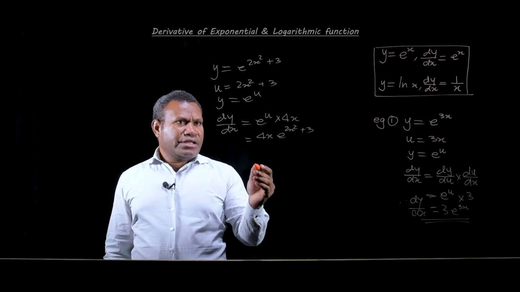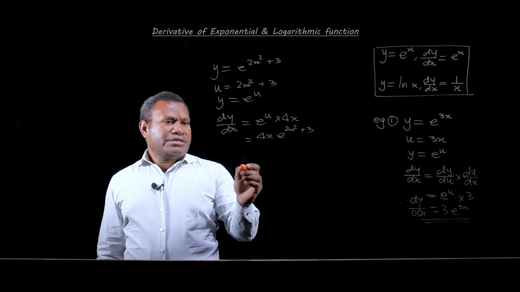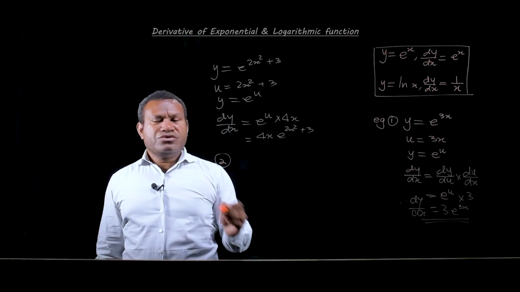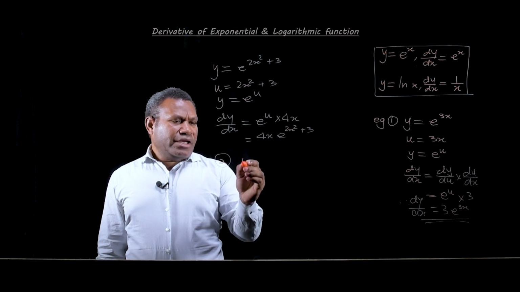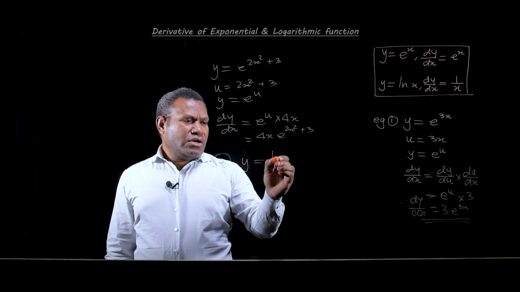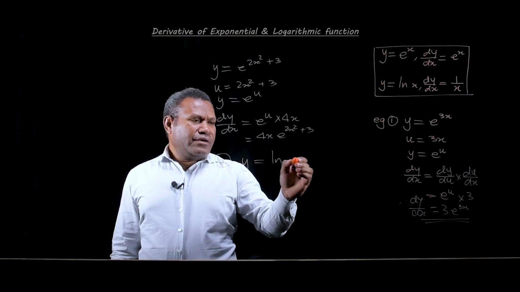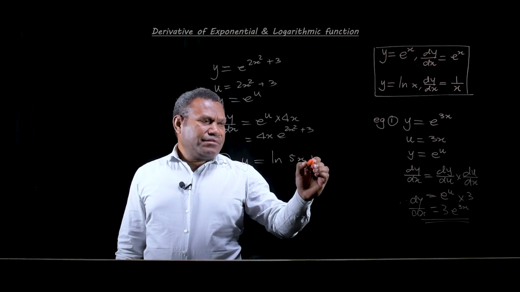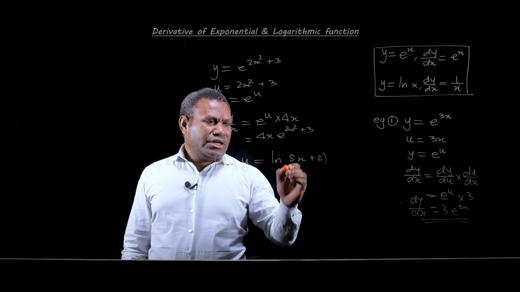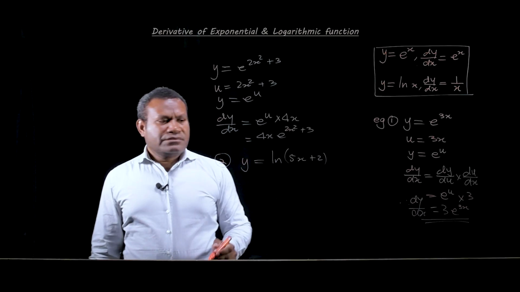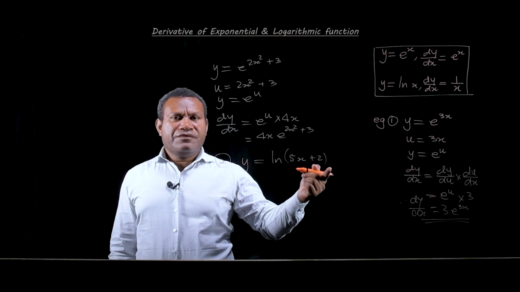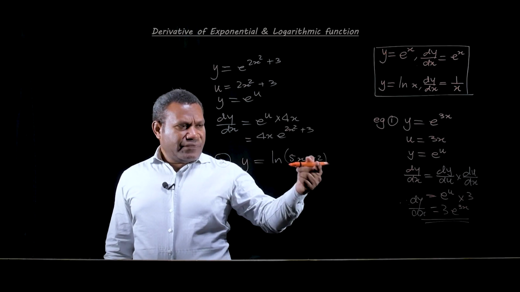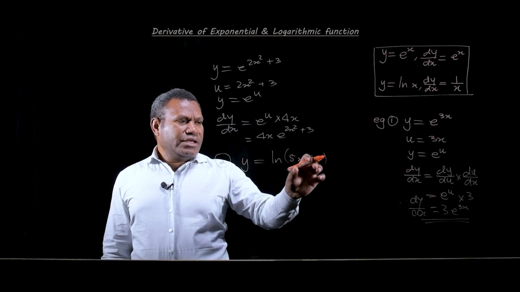Let's look at the second example, which has to do with logarithms. If y is equal to the natural log of (5x plus 2), then again the natural log function includes another function.